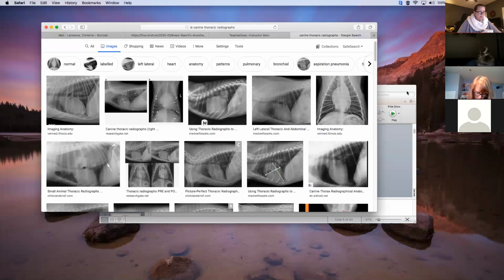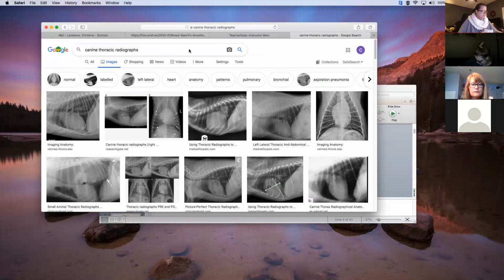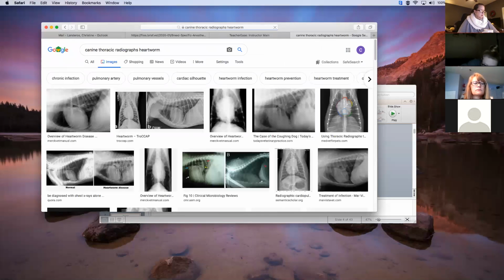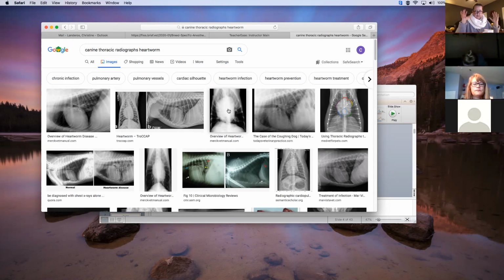Ireland put a comment here, you could take an x-ray and show right atrial disease. Sometimes you'll see like a bulge on the heart. Okay, so if you look at this VD right here, this is the VD thorax, the dog is on their back, and you see there's a bulge right there. And in this picture, they kind of outline it.